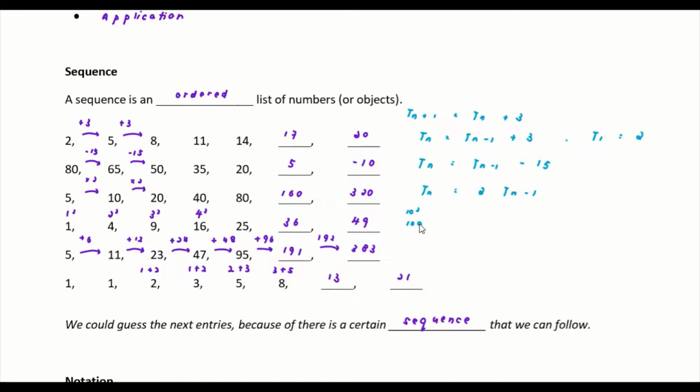So in this case, your Tn will be just equal to your position: first term, 1 square; second term, 2 square; third term, 3 square. So it's going to be n to the power 2. If you want to find T15, it's going to be 15 square. So this is not really a recursive relation where you use the previous term to help you solve. This one is not linear.